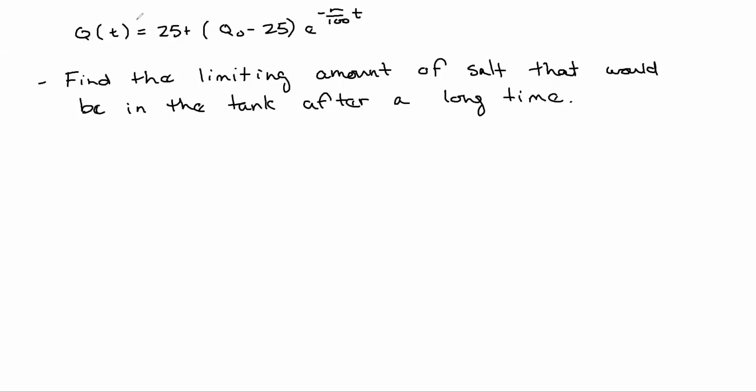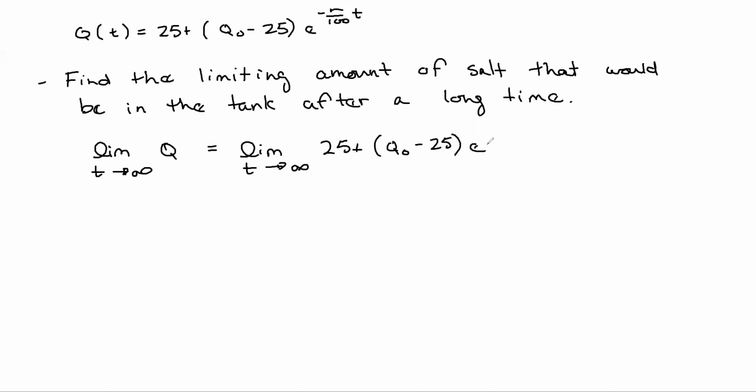Okay, so if we have a function that gives us the amount of salt at any time, and we're asked to find the amount of salt after a very long time, then the way that you would handle that is to take the limit as the time goes to infinity. So we're going to get the limit as t goes to infinity of 25 plus (Q naught minus 25) e to the negative r over 100 t.